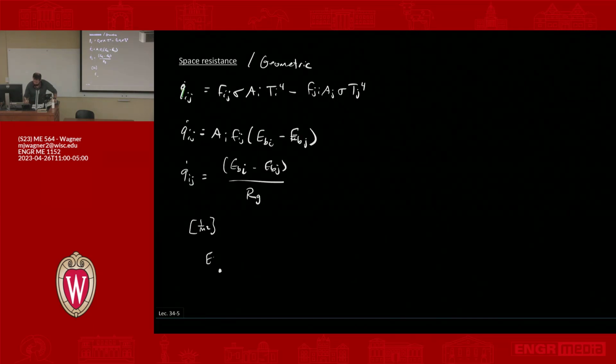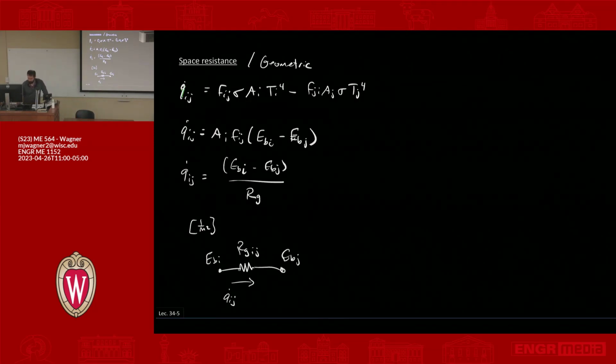Let's say this is at E_BI. I have a resistance here, and that goes to E_BJ. And this is my geometric resistance from I to J. So I could write it that way. This, I guess, would be Q dot I to J. So that's fine. I guess we can go through all that analysis. You use series rules, you use parallel rules, all the same way.